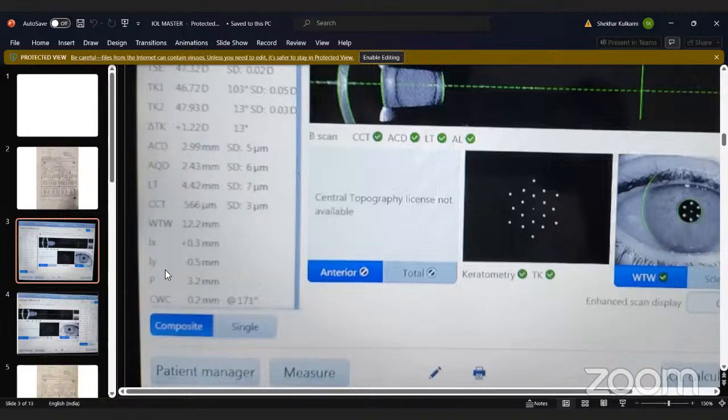How do we measure these? We measure the corneal apex and the center of the iris on the X and Y axis. It shouldn't be more than 0.5 here and there.